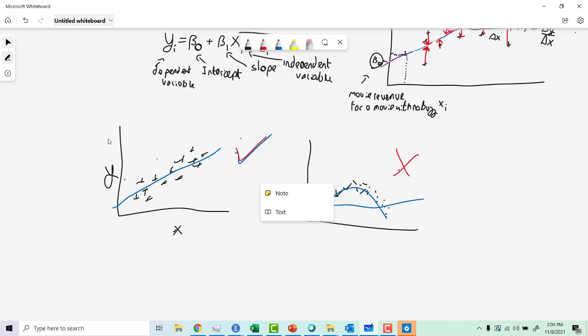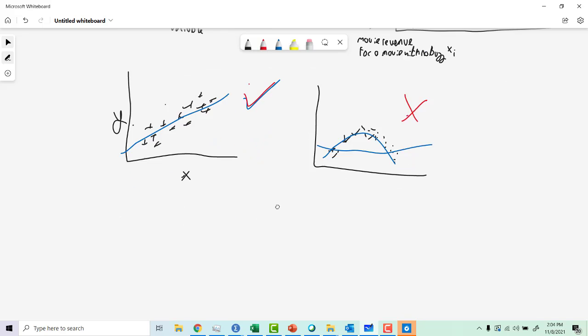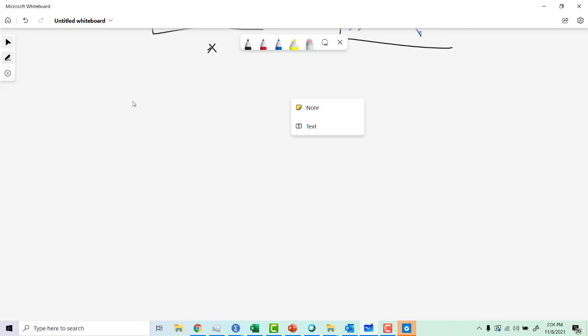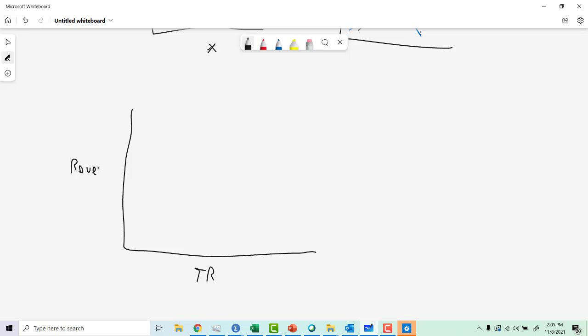Moving on to heteroskedasticity and homoskedasticity. Again, let's think about the tweet rate, and we have the revenue here. Imagine we have a movie down here with a revenue of maybe $1 million.